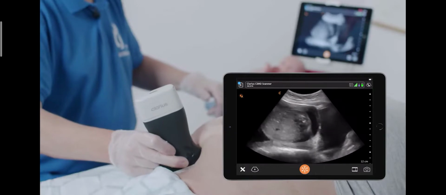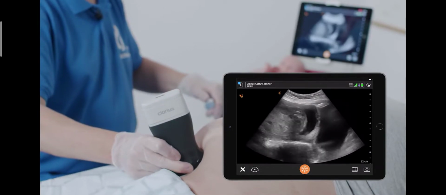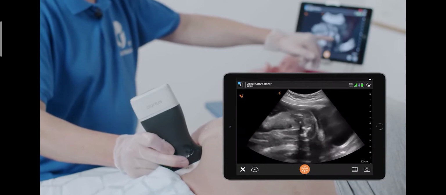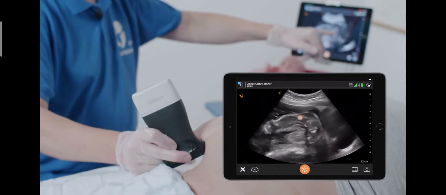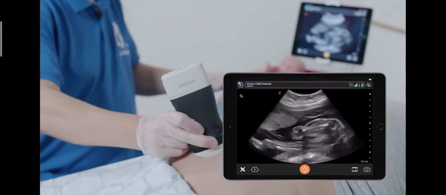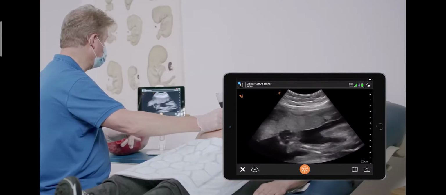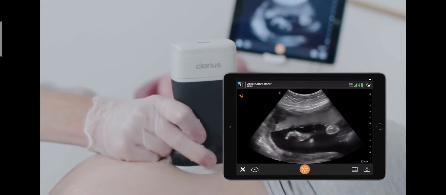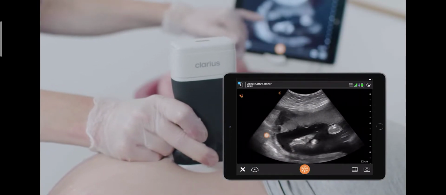And the additional thing that I will do is rotate my transducer and look for the sides. So the placenta for this lady is practically fully anterior. The additional thing that you can try to see is the attachment of the umbilical cord, the insertion of the umbilical cord into the placenta.